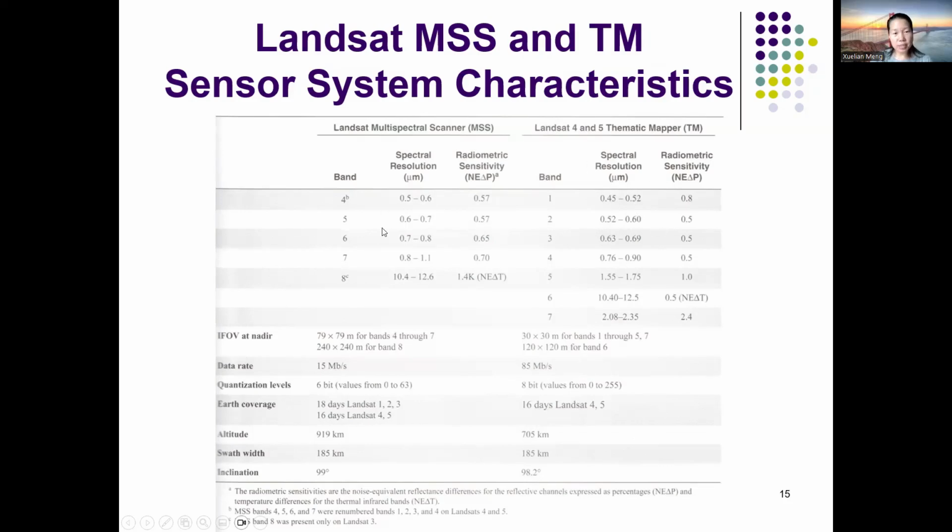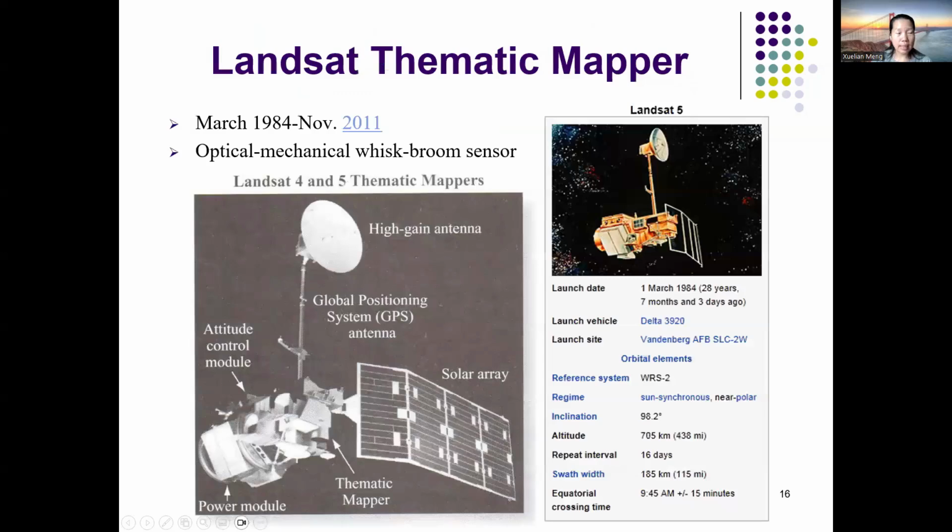So this is a comparison of different spectral bands. And Landsat TM is one used quite often during that period of time, from launch in 1984 to November 2011. So it has this kind of optical mechanical whisk-broom sensor system.